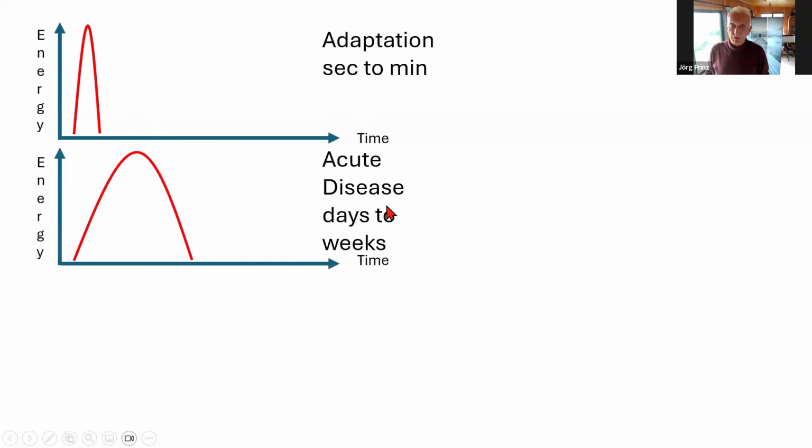When you have got an acute disease, you have got the same thing. You have got inflammation going up, that's the pro-inflammatory phase, and then it goes over into the anti-inflammatory phase. And when you are in pain, usually somewhere on the up here, you go to the doctor and want to have something, you usually get anti-inflammatory drugs.